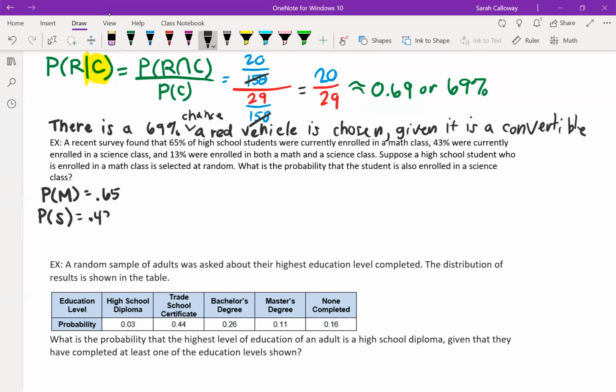And 13% were enrolled in both a math and a science, so the probability that someone is in a math and a science class is 0.13.